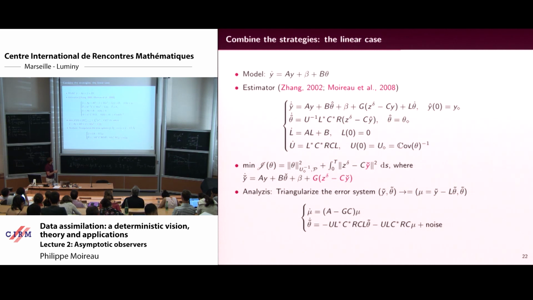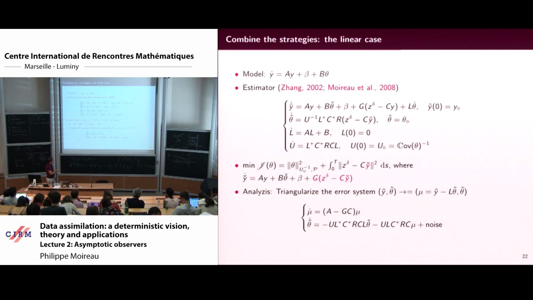And what you see is that when you do the change of variable, on the mu variable you get only the dynamics that you were studying just before. So for the wave equation case, if you have the geometric control condition, this should go to 0. So this will go to 0.